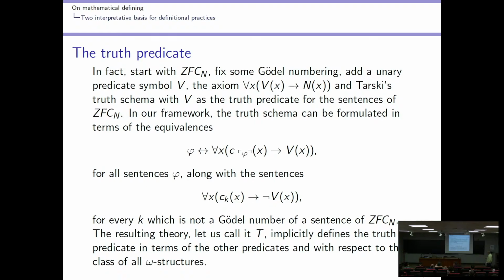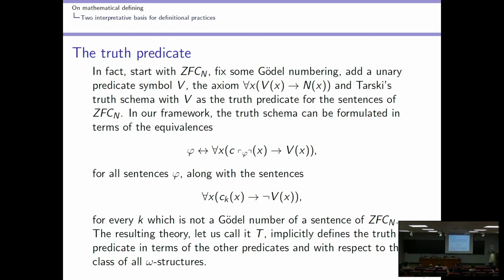In fact, the truth predicate. Start with ZFCN, fix some Gödel numbering, whatever. Add a unary predicate symbol V. V is for truth, for veron in Latin.